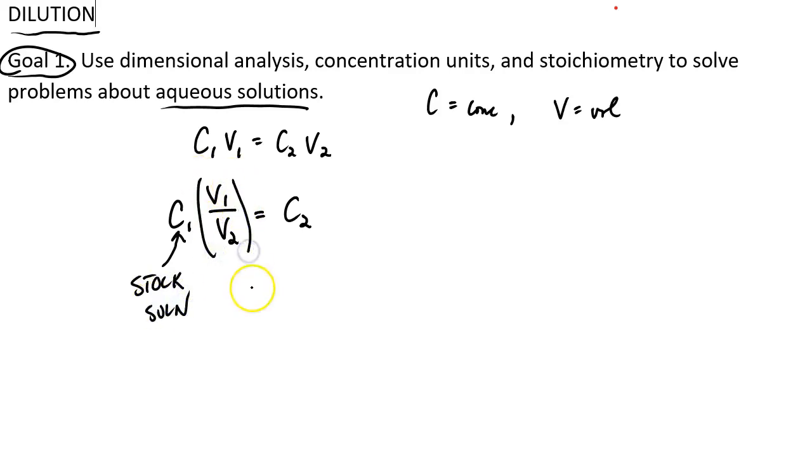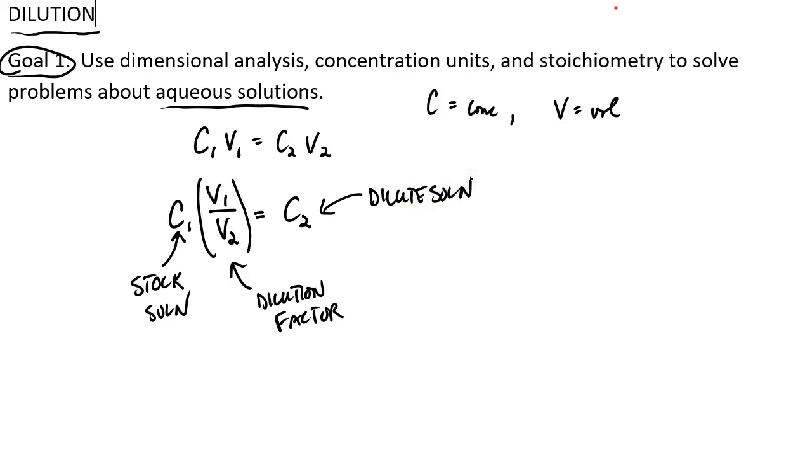V1 over V2 is your dilution factor. Maybe you've diluted from 1 mL to 10 mL. That would be a dilution factor. And C2, that is the concentration of your dilute solution.